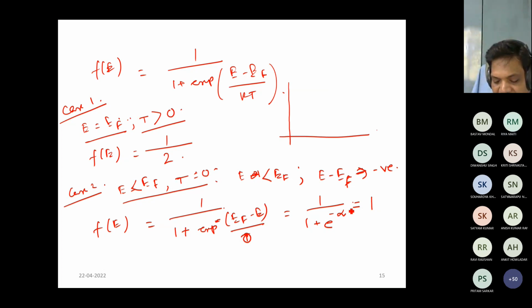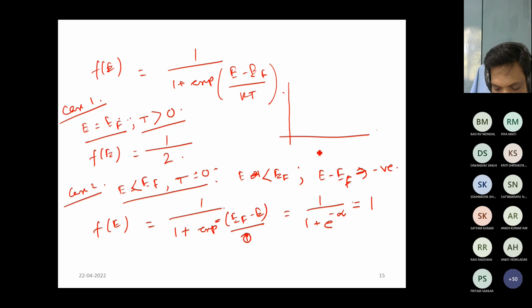So what does it indicate? Probability 1 means 100%. It is confirmed; the maximum value of probability is 1. Look at this here: E less than or equal to EF.